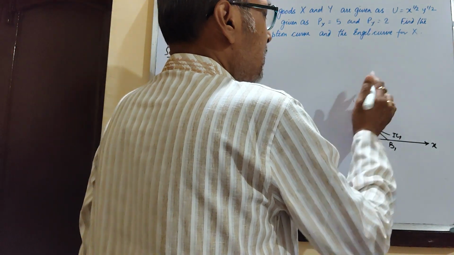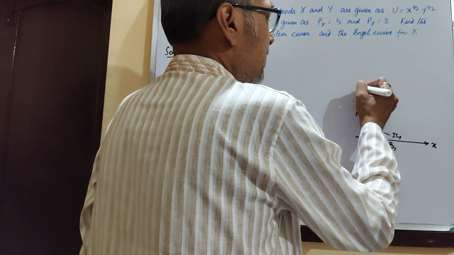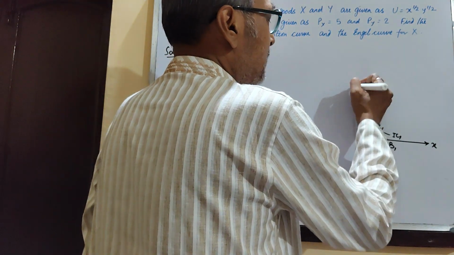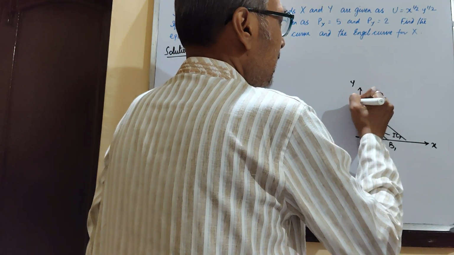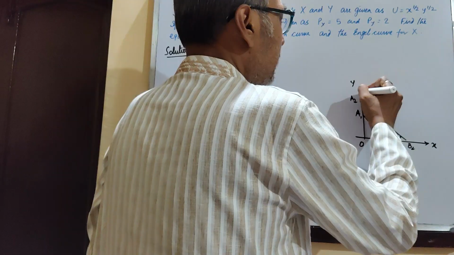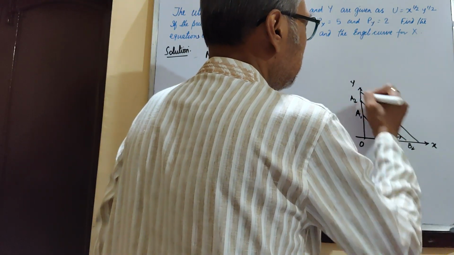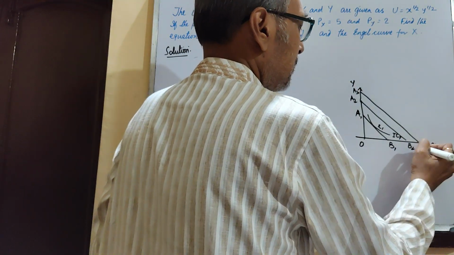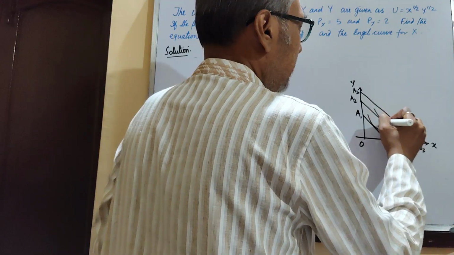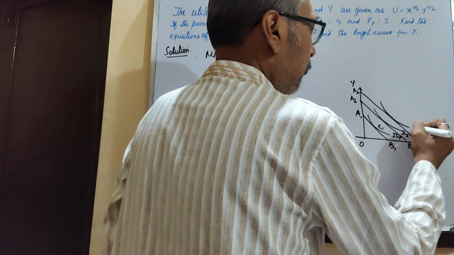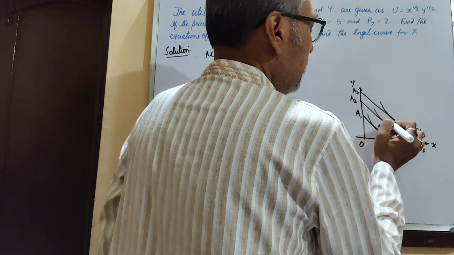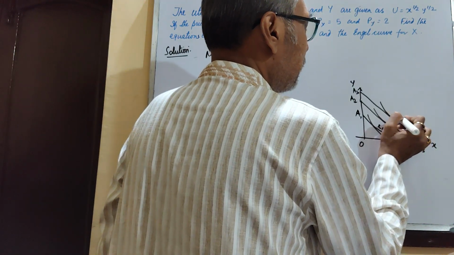When money income changes, then the budget line shifts parallelly rightward like this: A2B2, then A3B3, and the IC also shifts upward from E1 to E2 to E3.